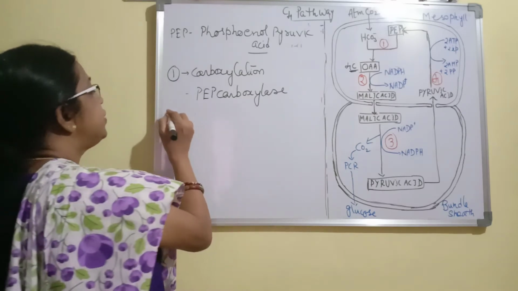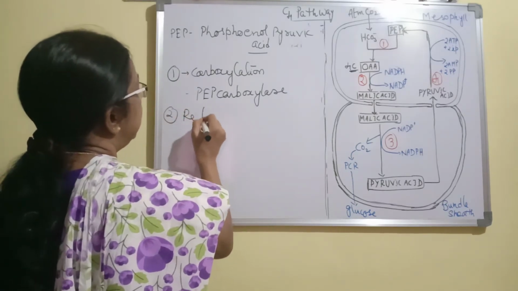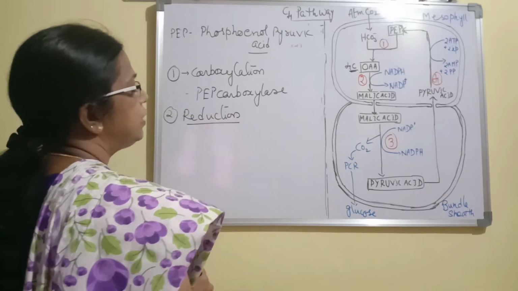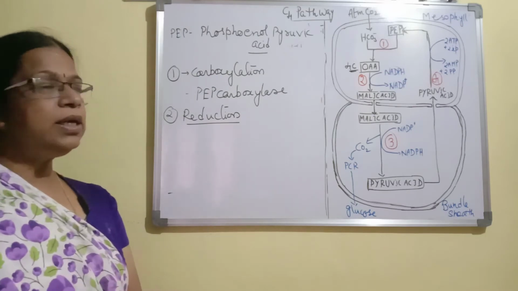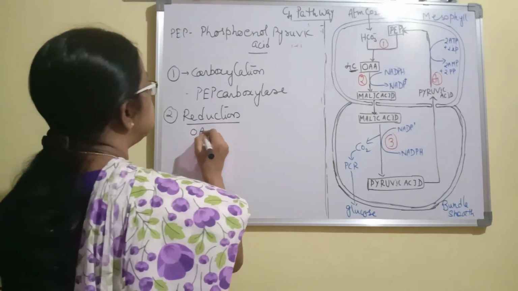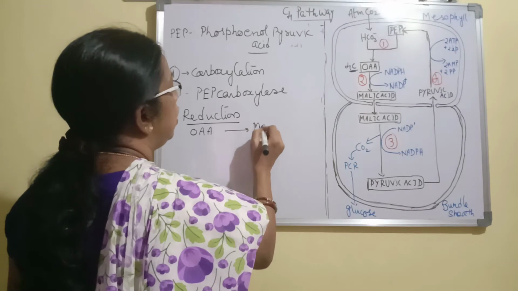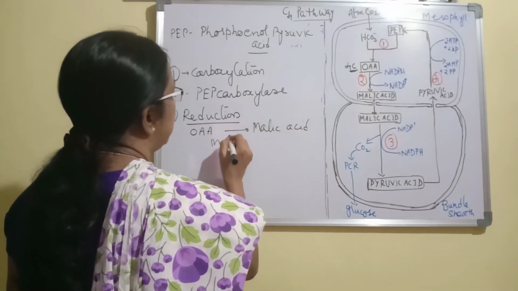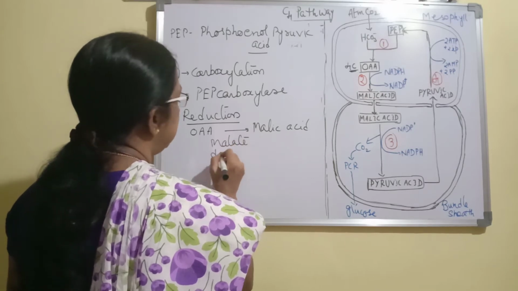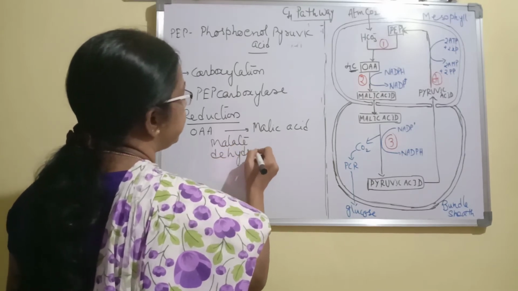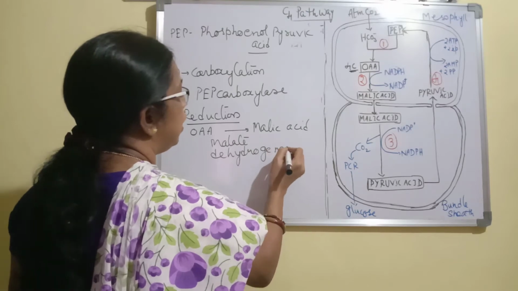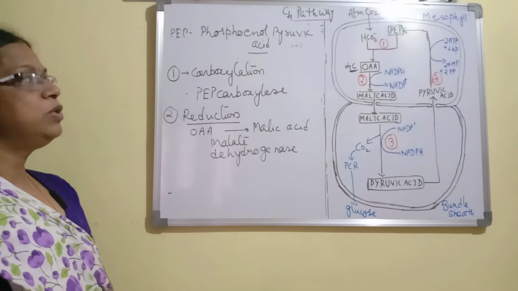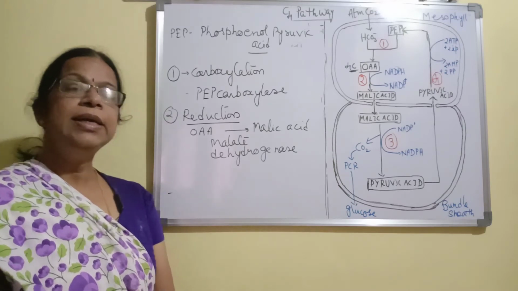So the second reaction is called a reduction reaction. Oxaloacetic acid is reduced to malic acid in the presence of the enzyme malate dehydrogenase. That is the second reaction taking place in mesophyll cells.